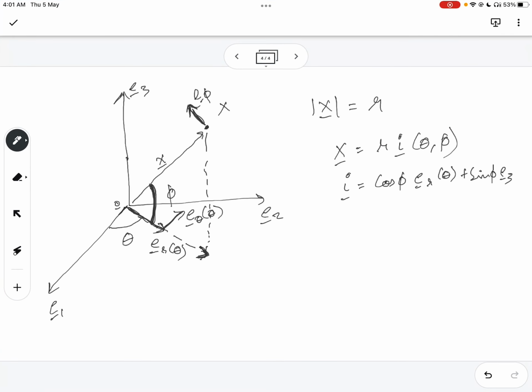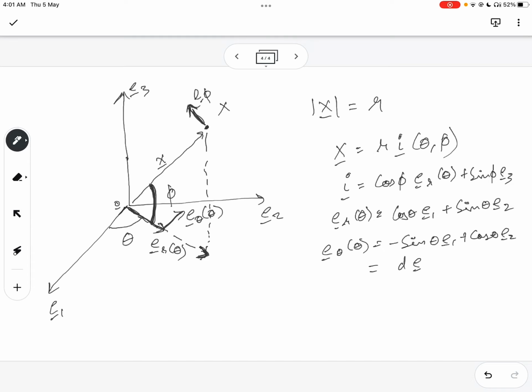E1, E2, E3 is a fixed orthonormal basis. So again, as we have seen before, e theta is minus sin theta e1 plus cos theta e2, which is equal to d of e r theta upon d theta.